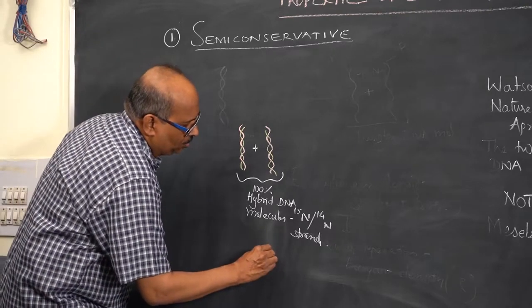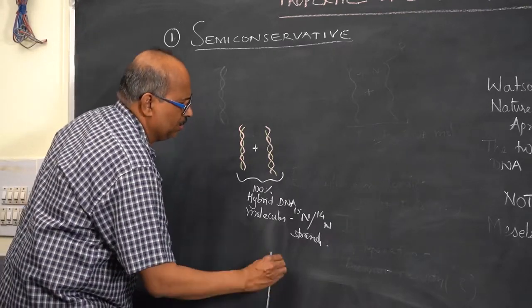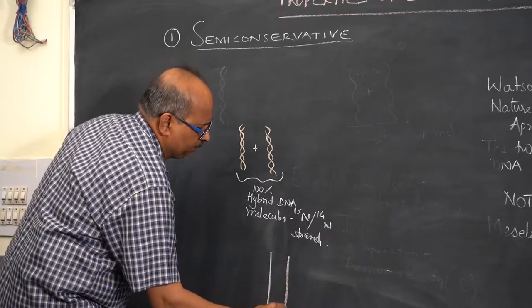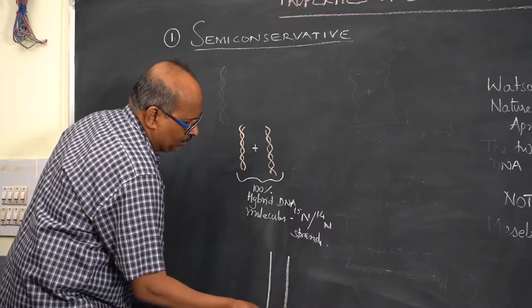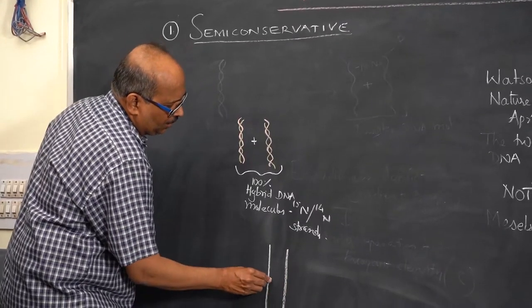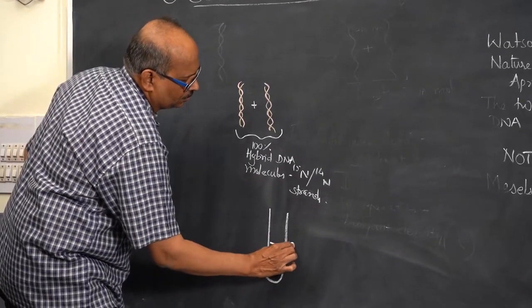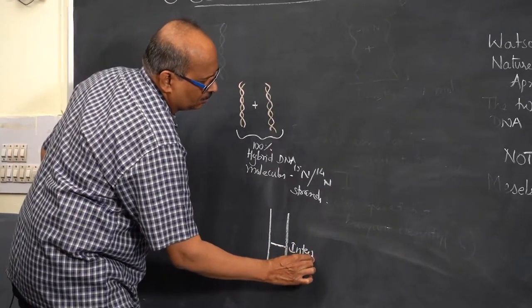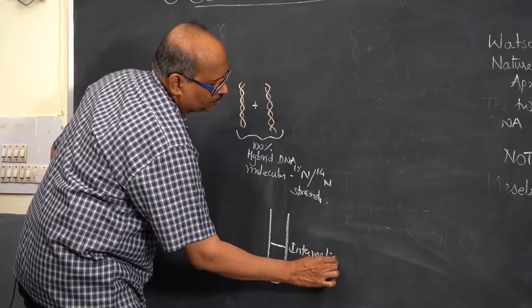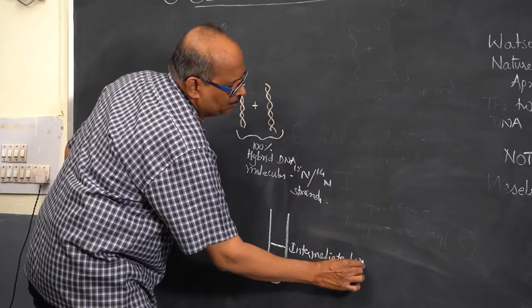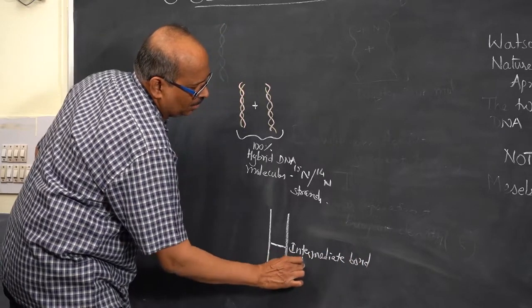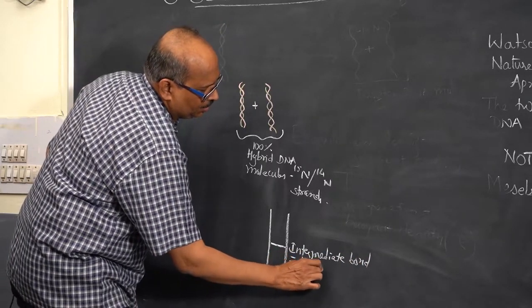When they carried out the isopycnic centrifugation, they got an intermediate band. That intermediate band indicates hybrid DNA.